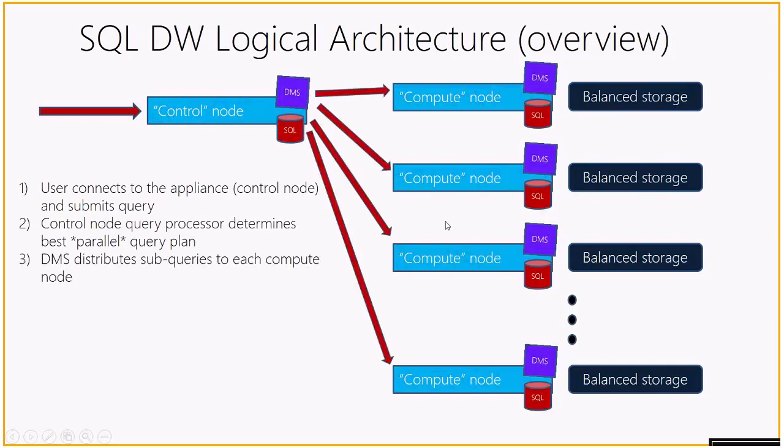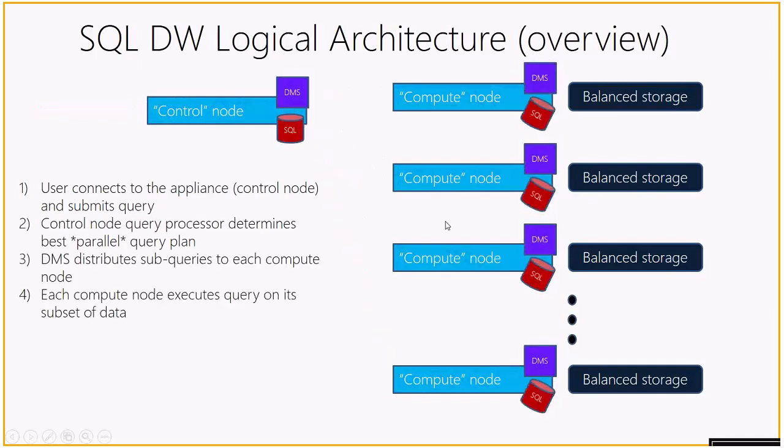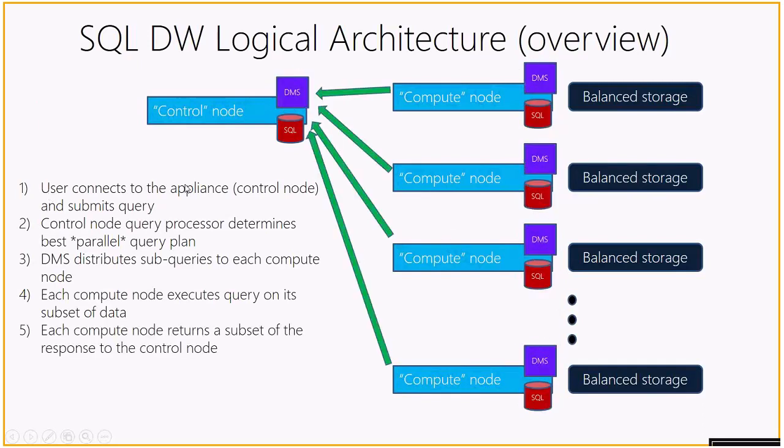Okay. So here is the description of the activities that I just spoke to you about. It demonstrates that the user connects to the appliance, to the control node, and submits the query. The control node determines the best possible execution plan and then distributes that over to the individual subqueries.